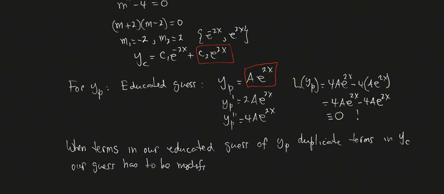Now, there are several ways we can justify the process for modifying our guess.